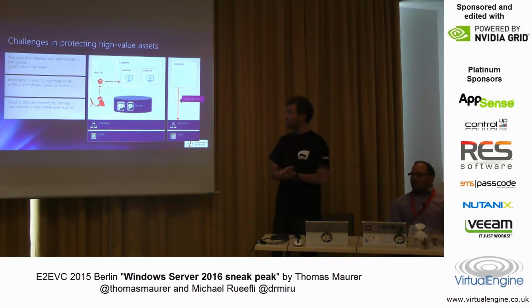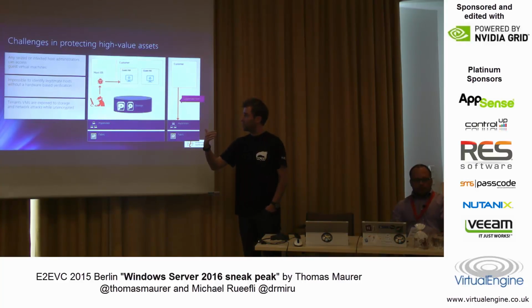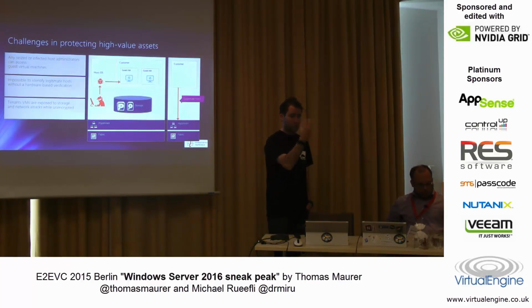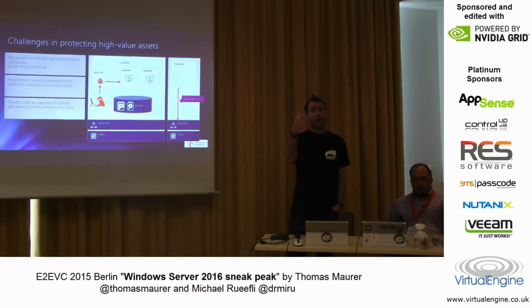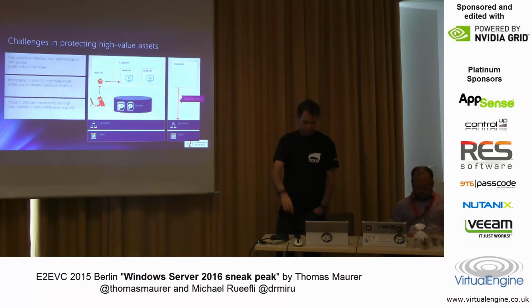So Microsoft was trying to fix that problem, right? They're trying to make it harder for administrators to access that virtual machine. They also try to make sure that if I put that virtual machine somewhere, I can verify that it is running on trusted hosts and not somewhere else, where I copied the VM and just ran it on my host. It's running on the host I decided to.